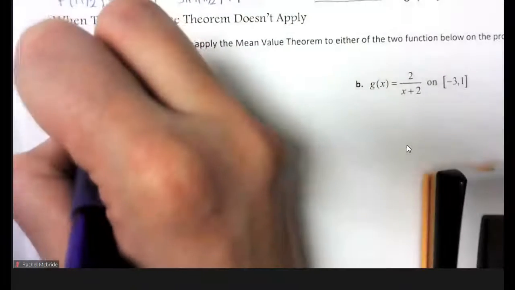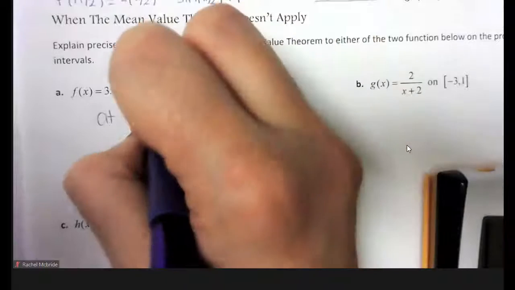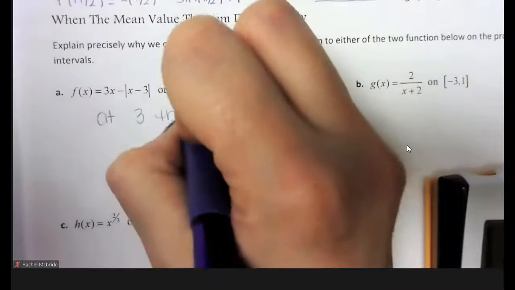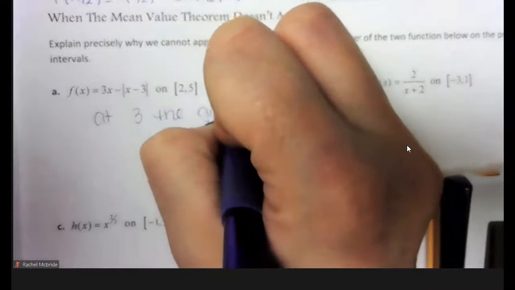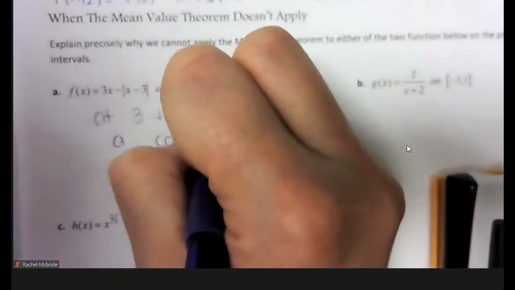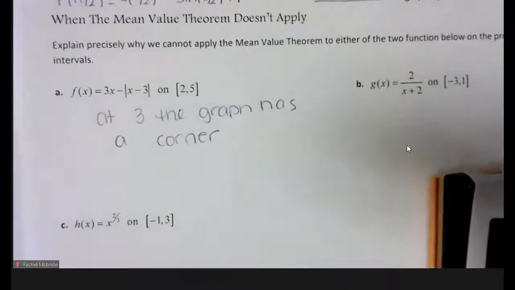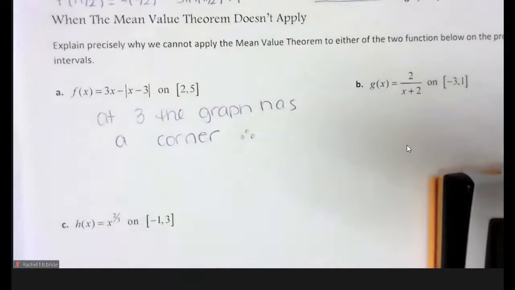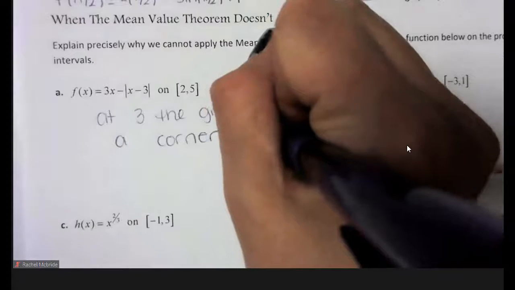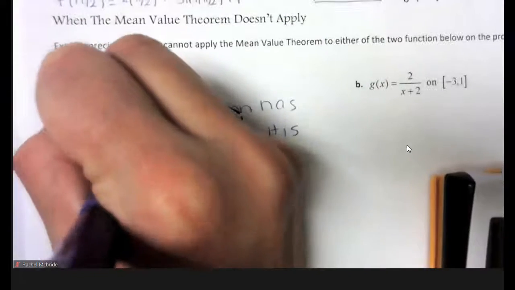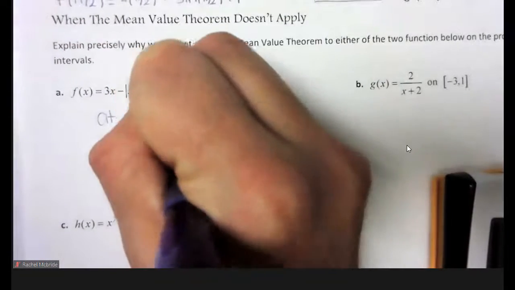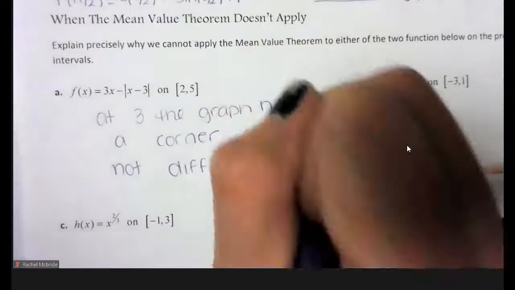And you would say, at 3, the graph has a corner. And why does that matter? For differentiability purposes. Therefore, it is not differentiable from 2 to 5.